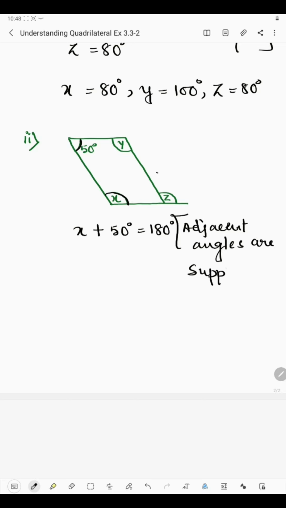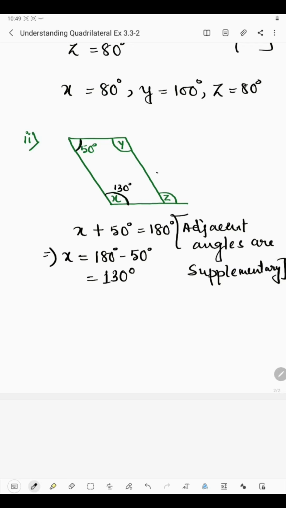From there we will get the value of x. So 50 will be transposed to the right hand side. So 180 minus 50 is 130 degrees. So the value of angle x will be 130 degrees.